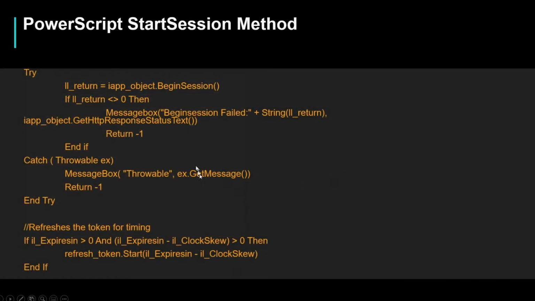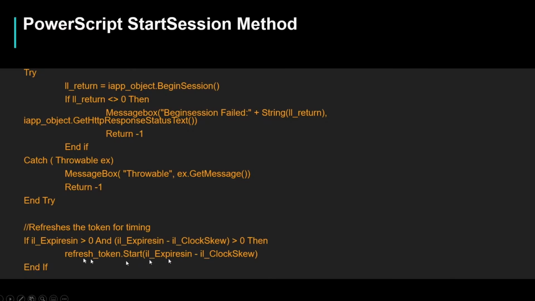So here's the start session method, and we end up calling this a little bit later. What it does is take the application object and call a begin session method on it, which will actually begin our session. And then down here, we see if we've got an expiration date on our token. And if we do, we subtract off the clock skew.